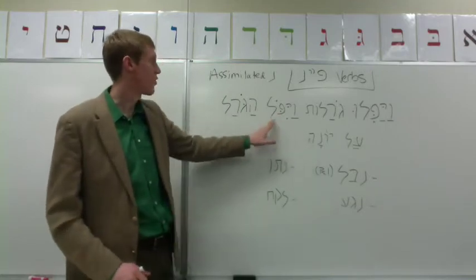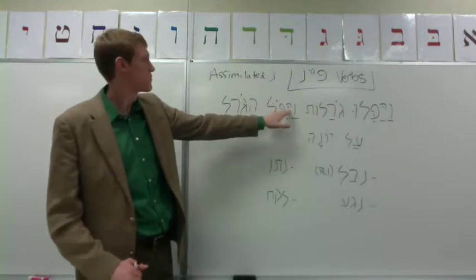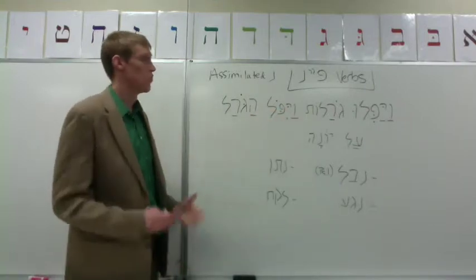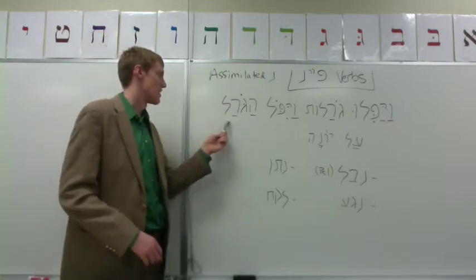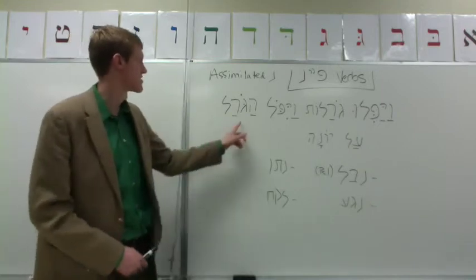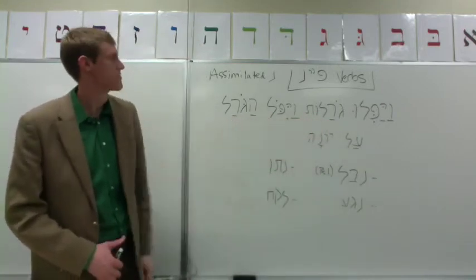So vayipol, and it fell. Okay, and it fell. What fell? Hagoral. The lot. Okay, it's the singular of goralot. Hagoral.